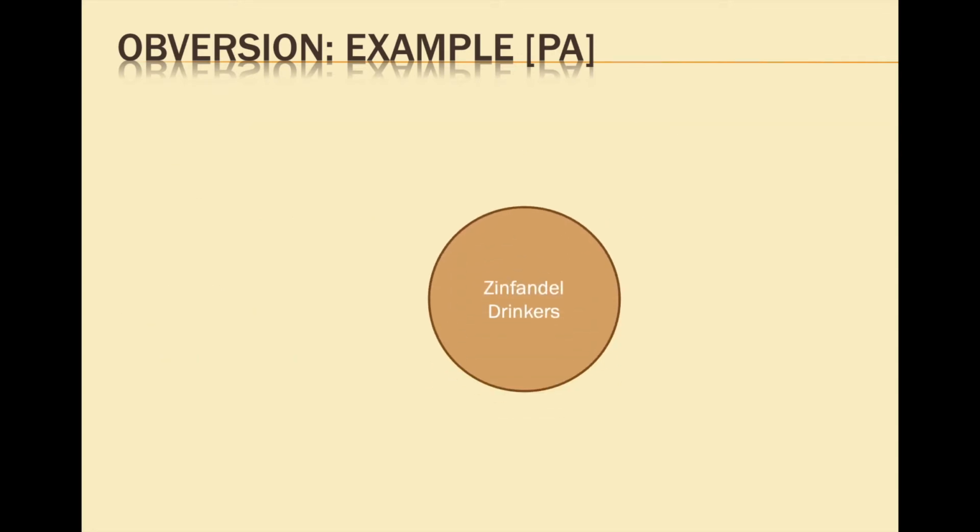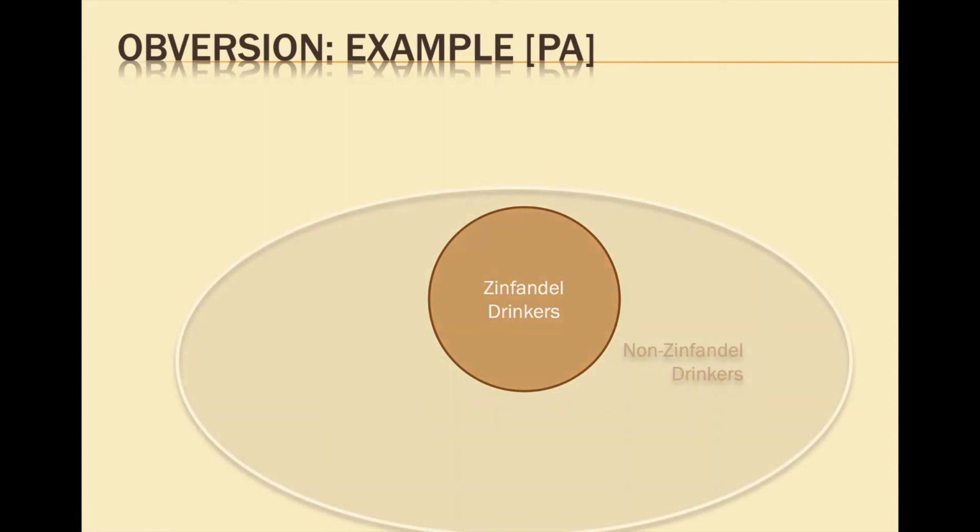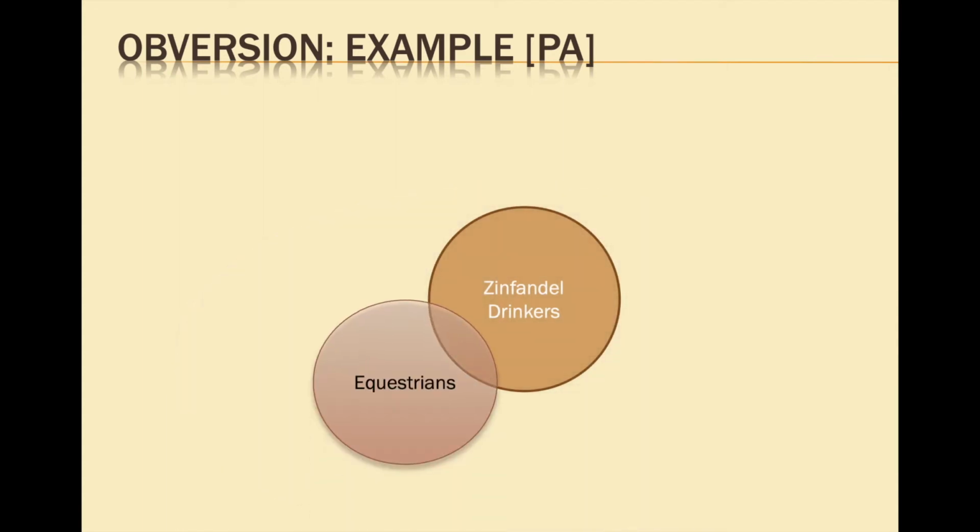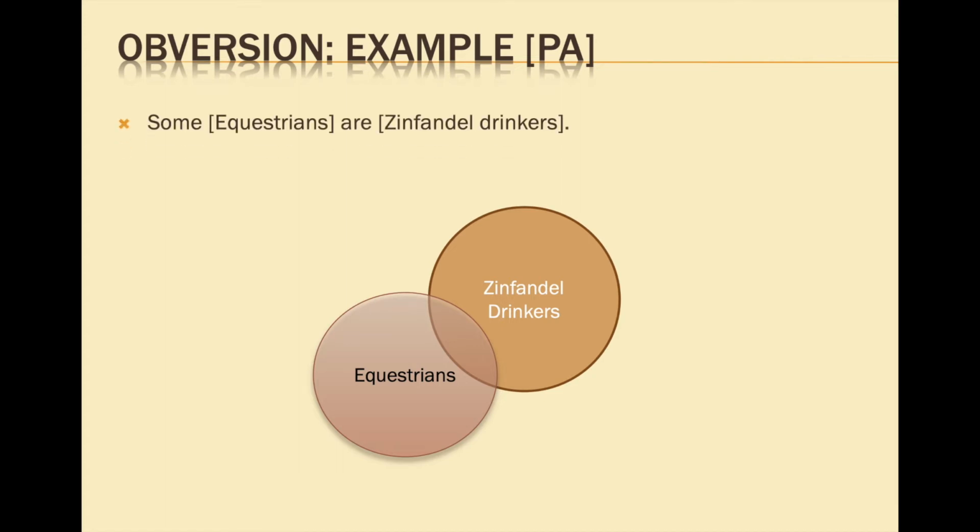And again, we can see that with the Venn diagram. We have Zinfandel drinkers and non-Zinfandel drinkers. There's our predicate term and its complement. And we have equestrians. Some equestrians are Zinfandel drinkers. We're talking about that overlap group there.